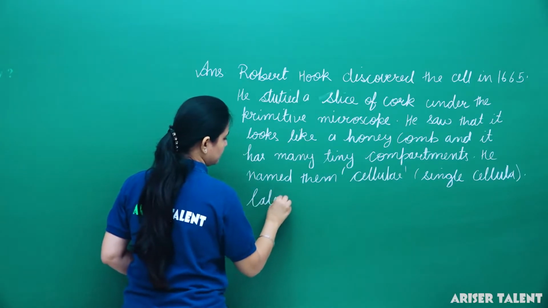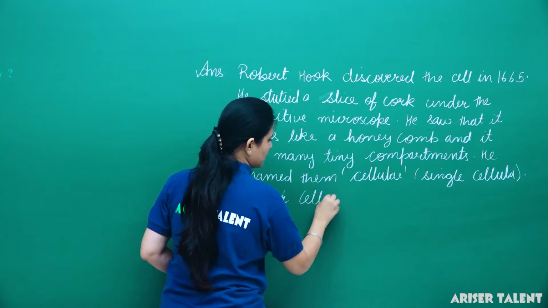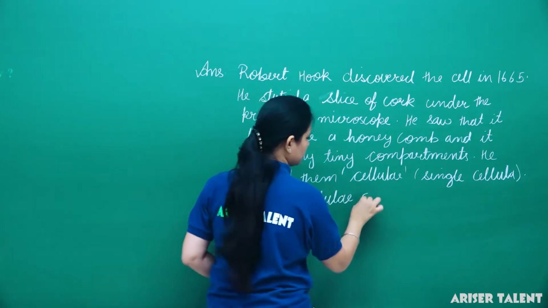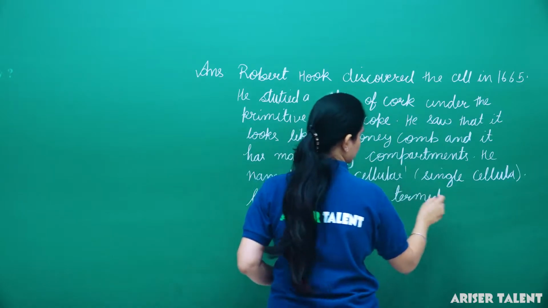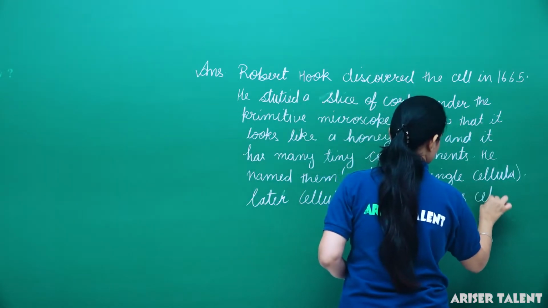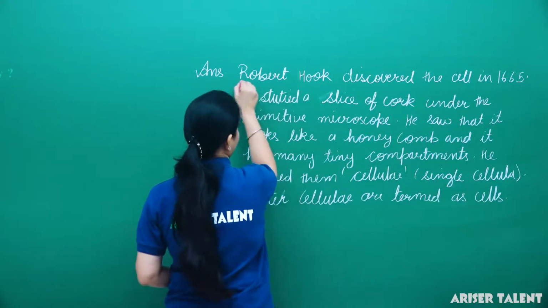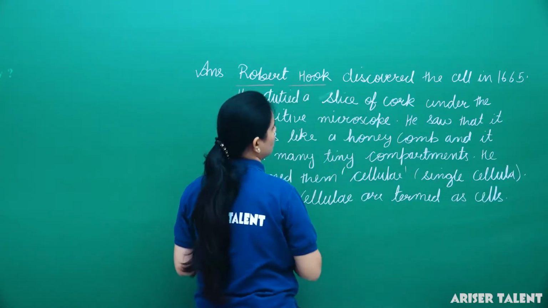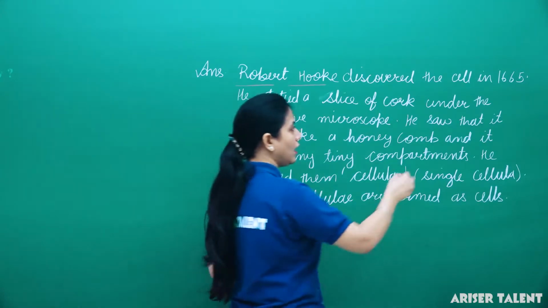Later, cellulae are termed as cells. Clear? So who discovered cells? We can say that Robert Hooke discovered cells in 1665. How did he discover?